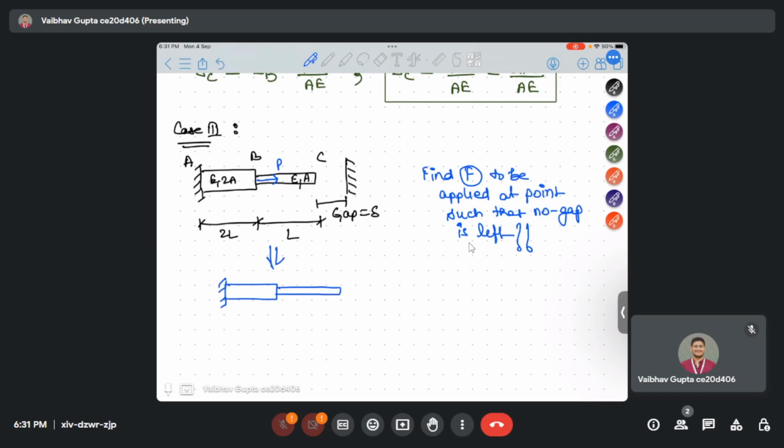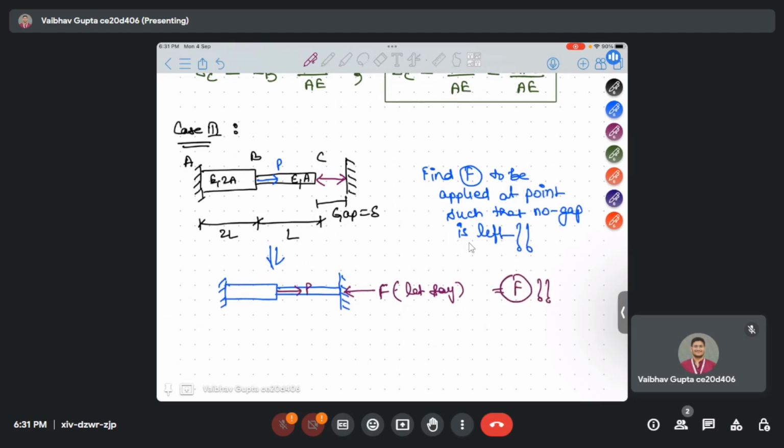Then it sticks to the fixed point, so the fixed point will apply some opposite force because it's closing the gap. So it will apply a compressive force, suppose F. We have to find the value of this F, because we are closing the gap.